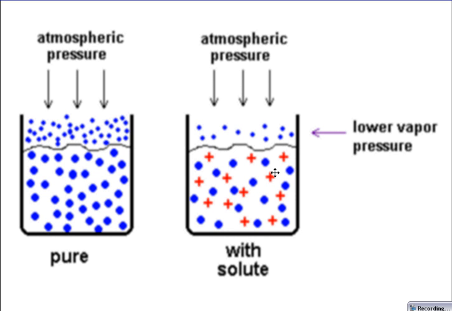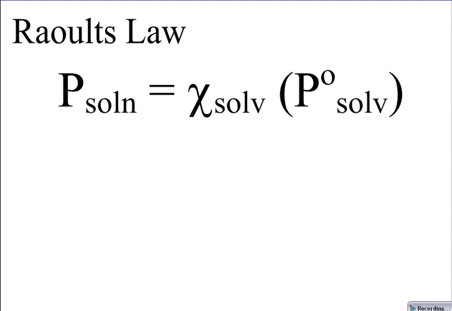So when a solute is placed into a solution, the vapor pressure decreases, and the more particles you have in that solution, the more that you will have along the surface of the solution, and the lower the vapor pressure will become. The vapor pressure of a solution is directly proportional to the mole fraction of the solvent present.